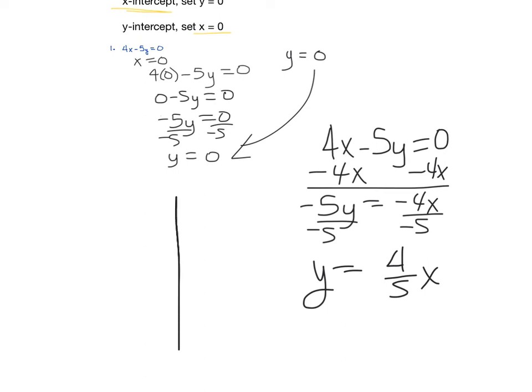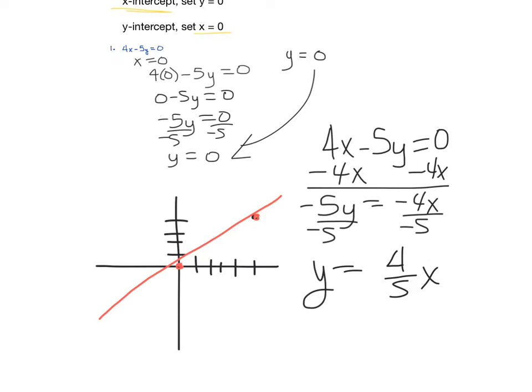So in this case, our x and our y-intercept are both at 0, 0. And then from there, I can rise 4 and run 5, and I can put a point. And then I can connect them and graph my line. I missed it a little bit, but it should be going through the origin.